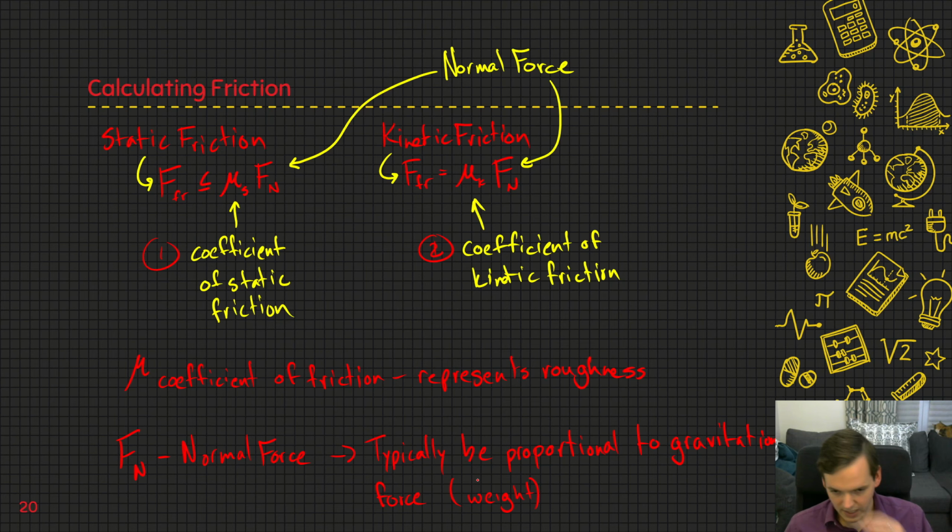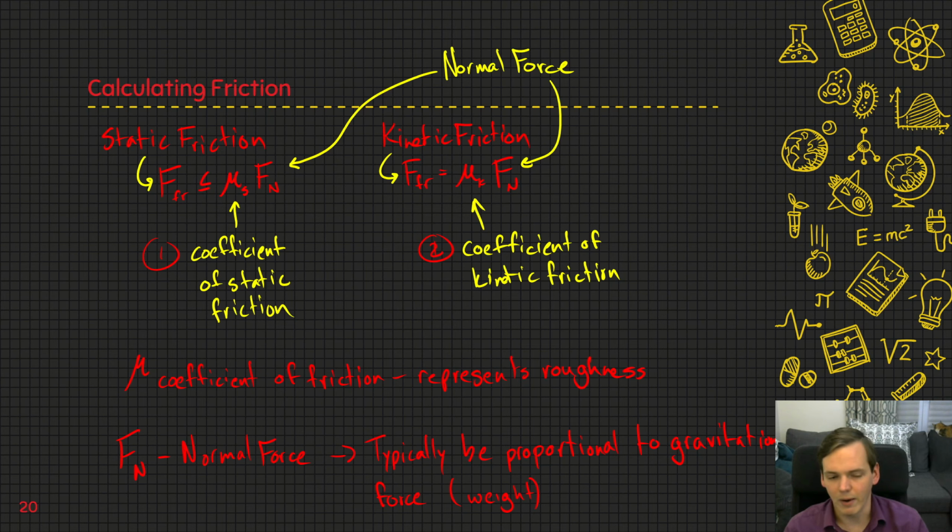So if something is heavier, something is more massive, it's going to be pulled to the ground harder. And that means the surfaces between that object and the ground are squeezed together tighter. That's why we typically think that something that's heavier has more friction, because it does, because it's typically pulled tighter to the ground.